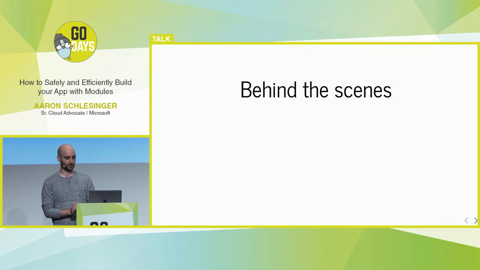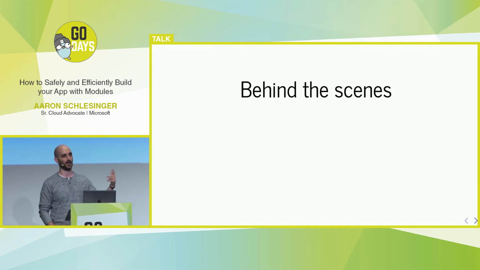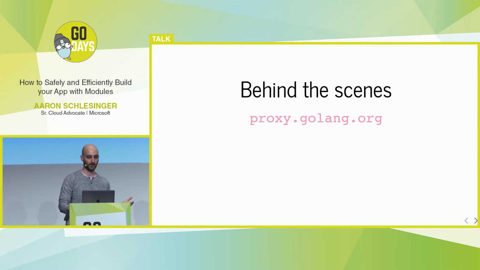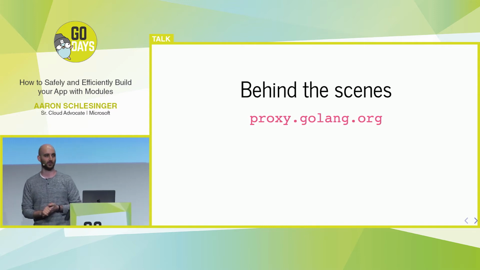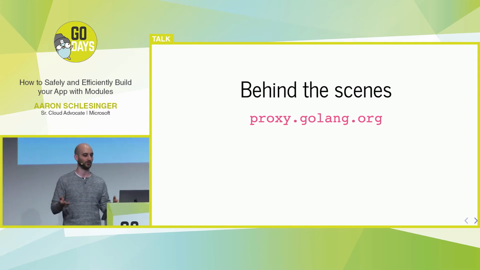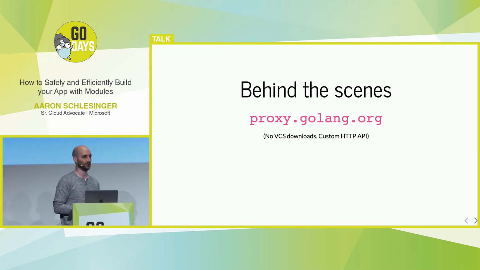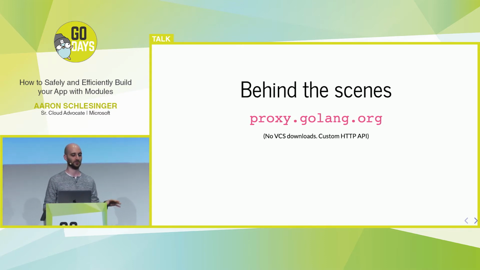Behind the scenes, the biggest two things to remember here are where the code's coming from and how it's getting authenticated. The code is no longer coming from hosted version control systems by default in 1.13. The code is being downloaded for every public dependency that you're using from this URL, proxy.golang.org.